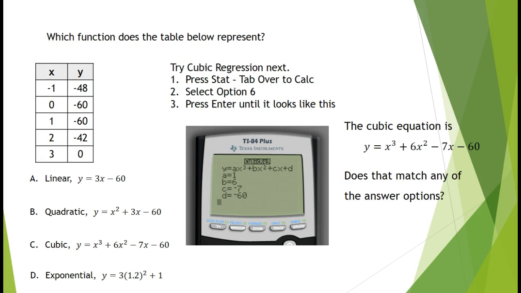Well, heck yeah, it looks like answer choice C. That is our answer. So we started with linear, then we tried quadratic, then we tried cubic because we don't know what kind of function this is. We can find out with a lot of complicated algebra, but I think it's better to let the calculator do the work for us in this case.